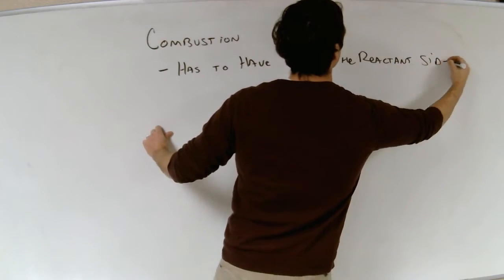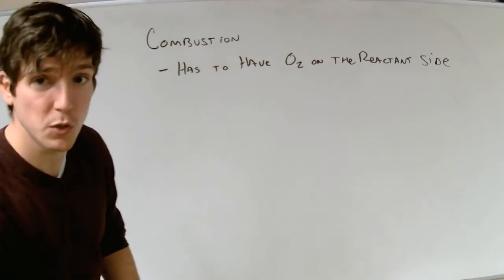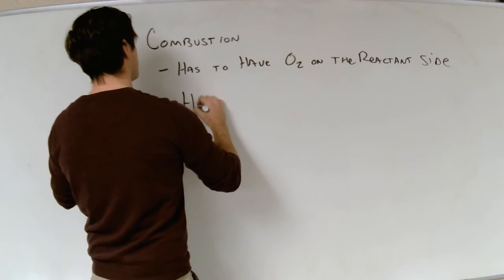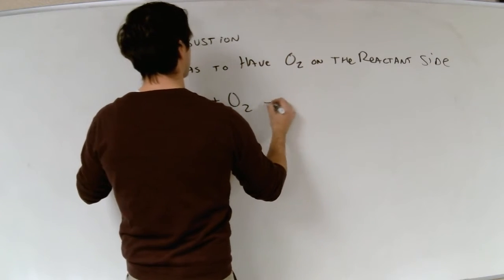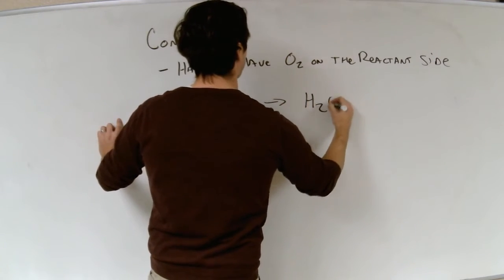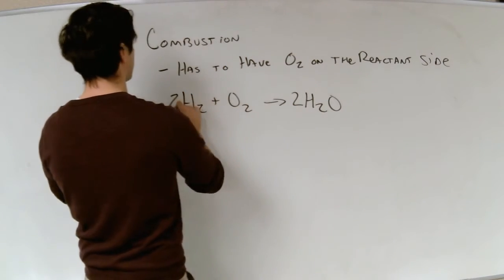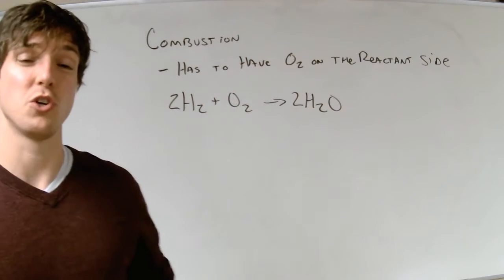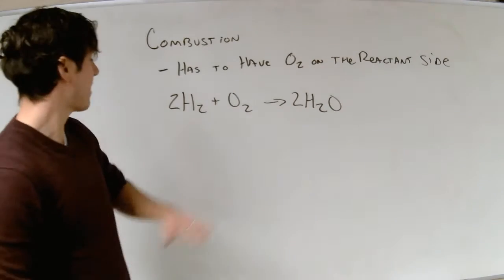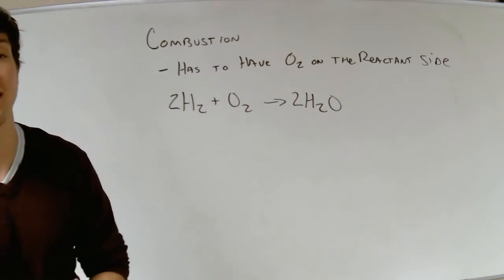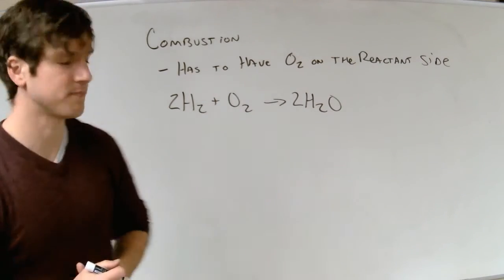We saw that with that cool hydrogen balloon explosion where it was hydrogen and oxygen forming H2O. When balanced, it looks like that, right? We had O2 on the reactant side. If you ever see O2 on the left, automatically it's combustion.